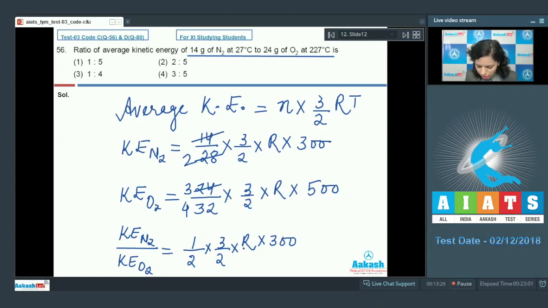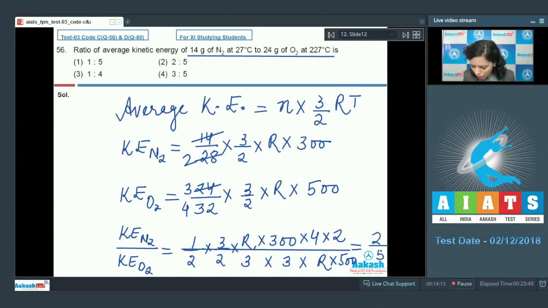This is the first expression, and divided by the second one, that is 3 by 4, further, 3 by 2, then R into 500. This is the final expression that you are going to take here. And if you solve this, you will find out that this ratio is 2 by 5.